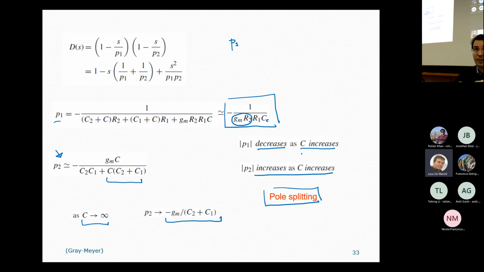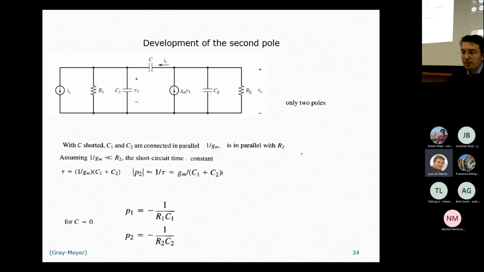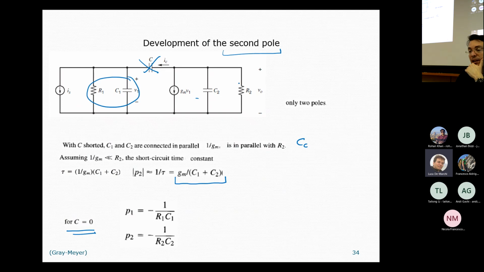Just one quick comment concerning the second pole. What we have is that the second pole is basically given by this expression when the compensation capacitance is sufficiently large, while for compensation capacitance equal to 0 it is like having two independent circuits with two different time constants. The first time constant is given by the product of R1 and C1.